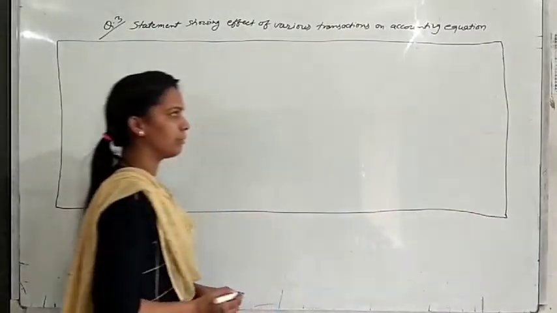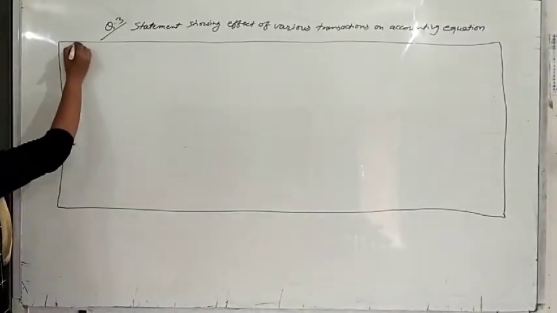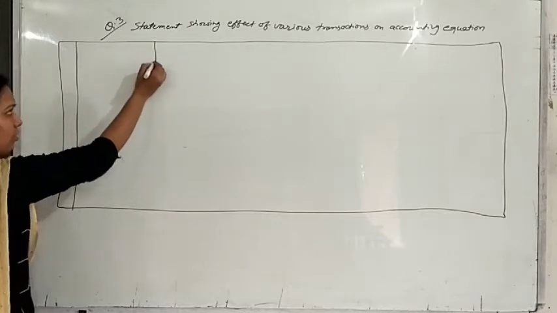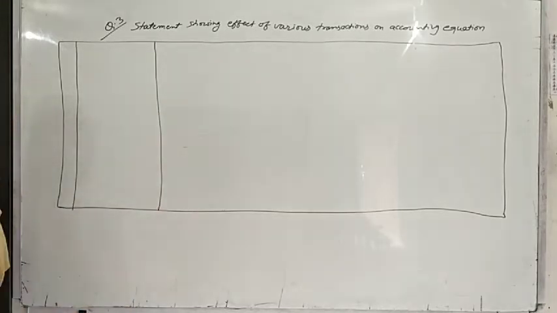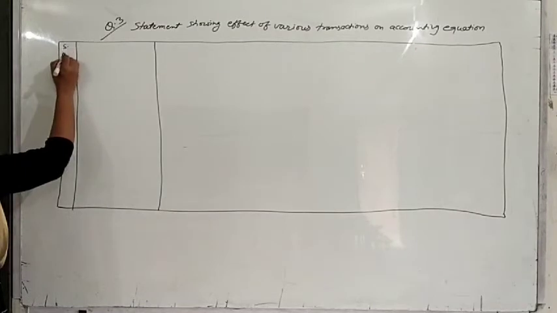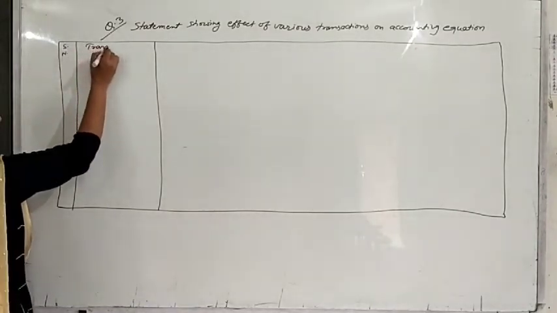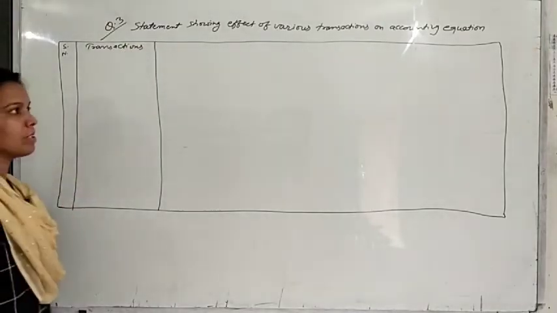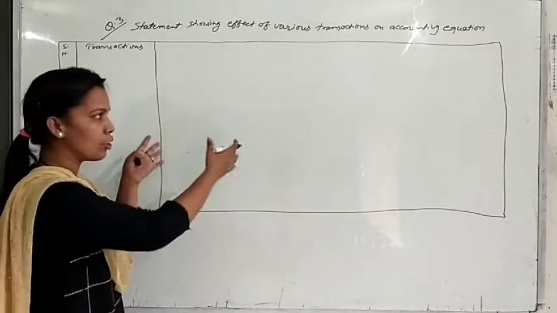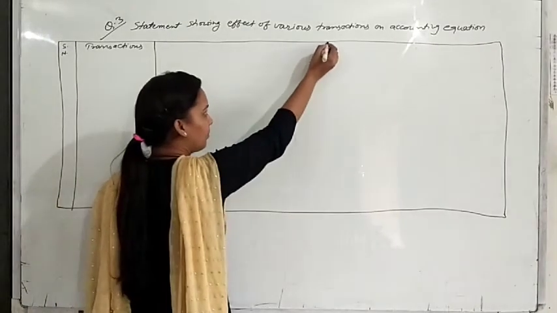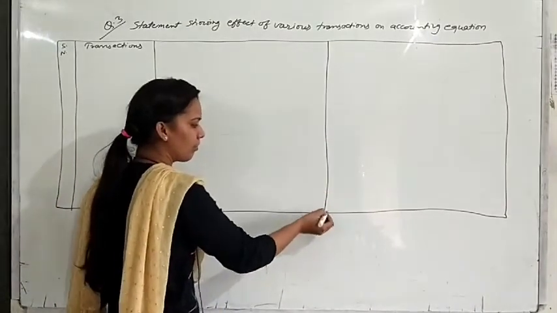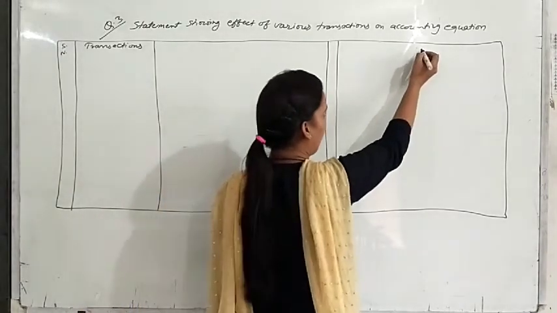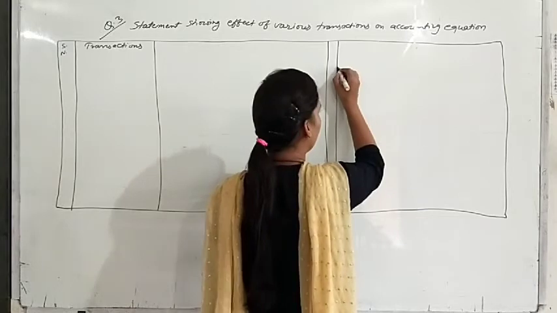This will be enough. As I told you, the first column we prepare for serial number, the second column for transactions. This will be the column of serial number, this is for transactions, and the remaining columns are divided into 3 parts. The first part is for assets, is equal to, and here liability plus capital.